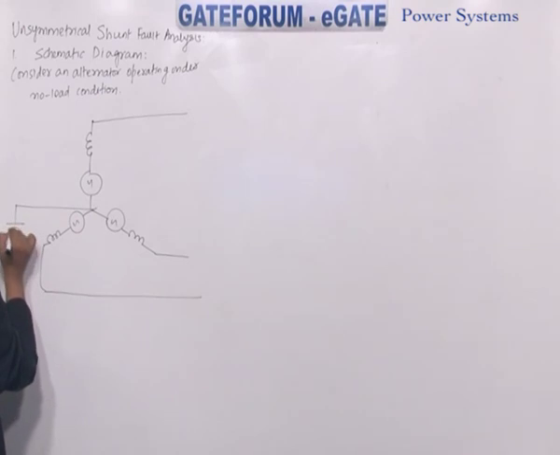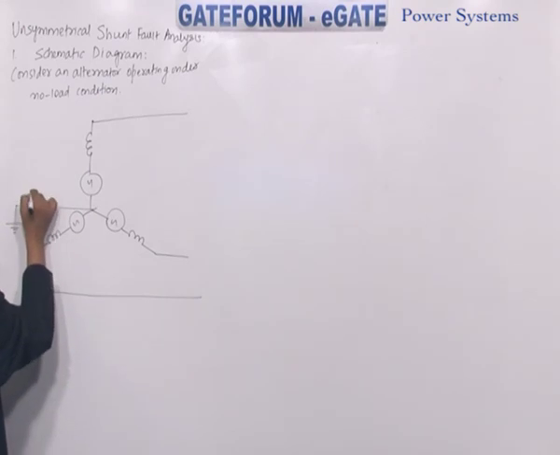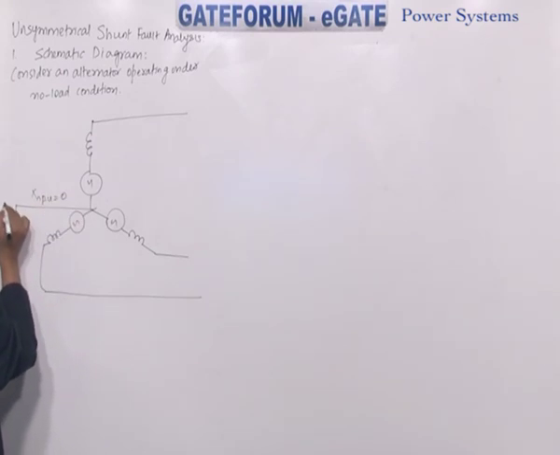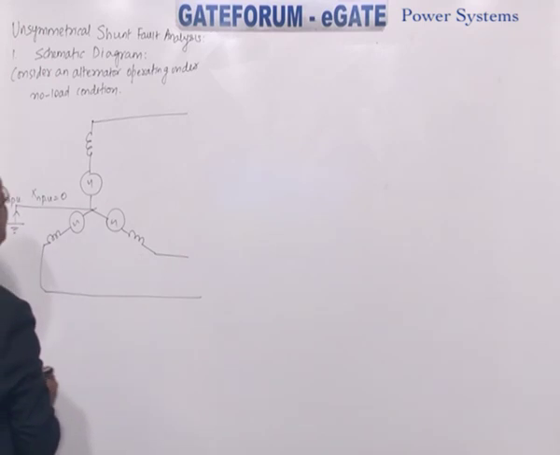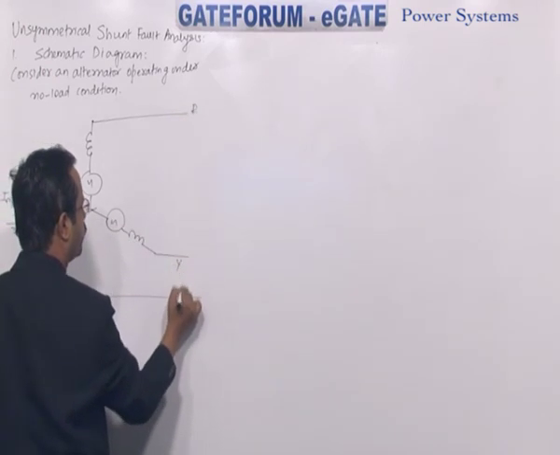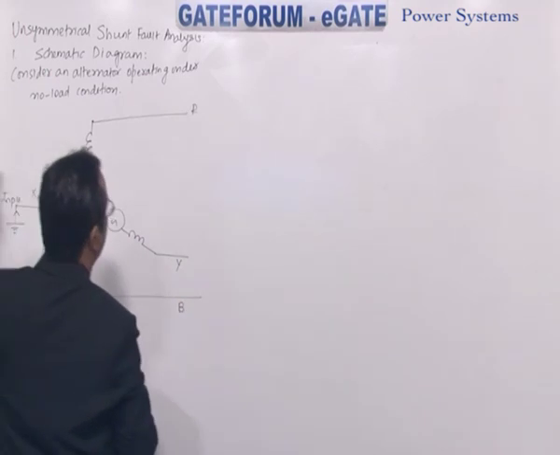And here you represent solid neutral, Xn per unit is 0, and here the current is In per unit. So indicate R phase, Y phase, B phase.